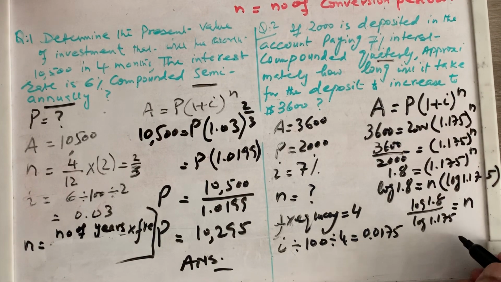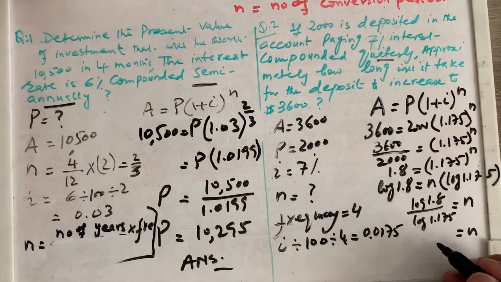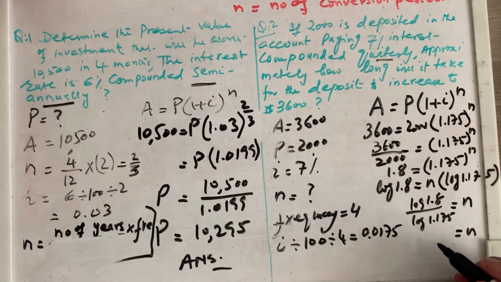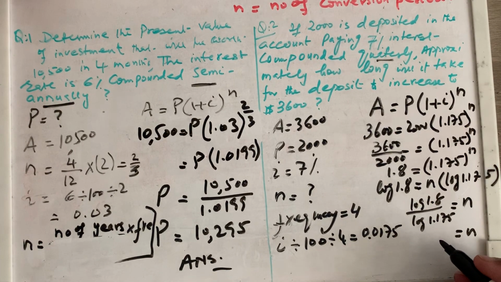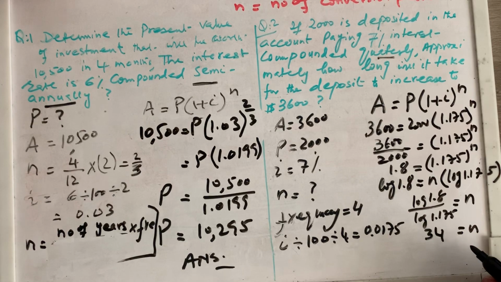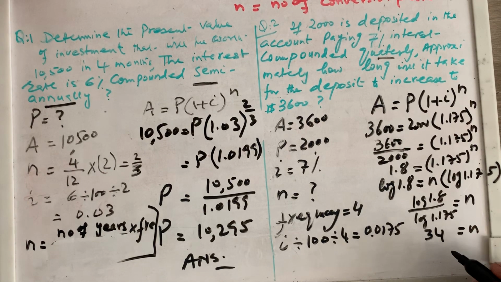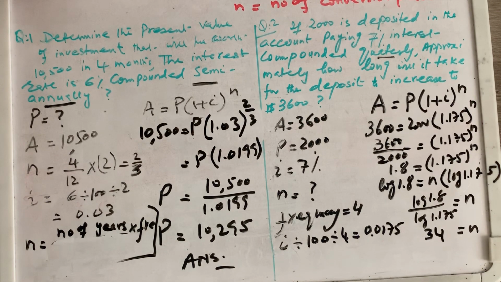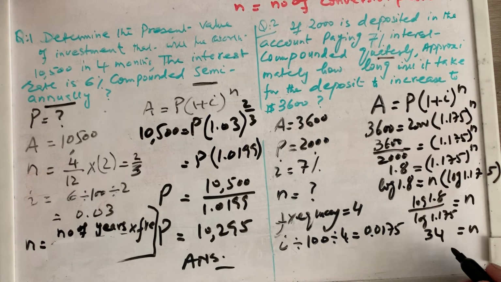If you use your calculator to get N, it will come out as 33.88. We can simplify it to a whole number, which is 34, right? So N is 34.